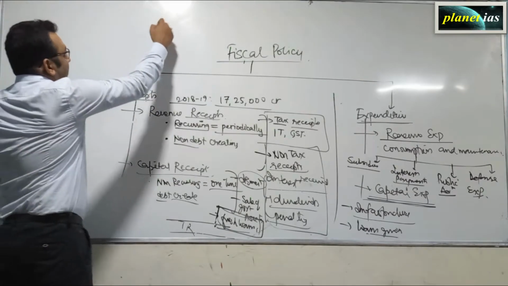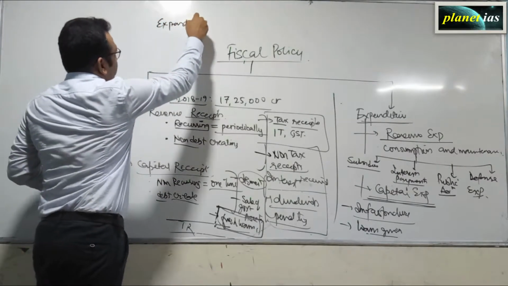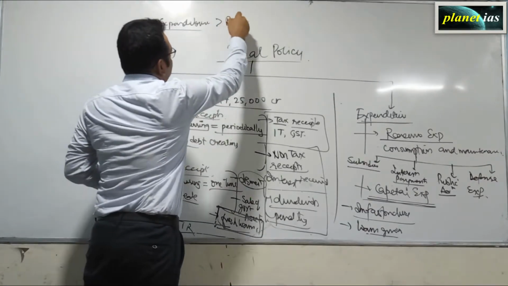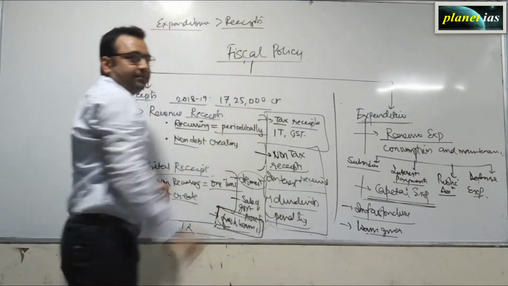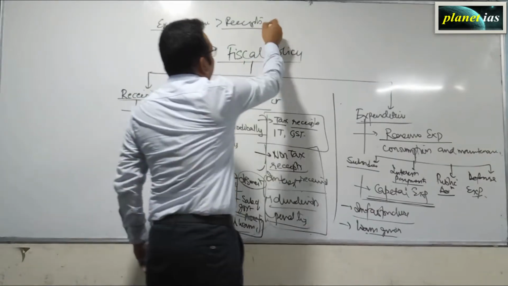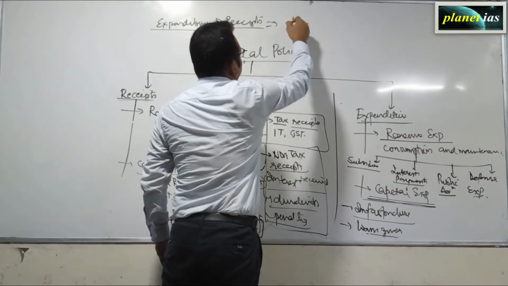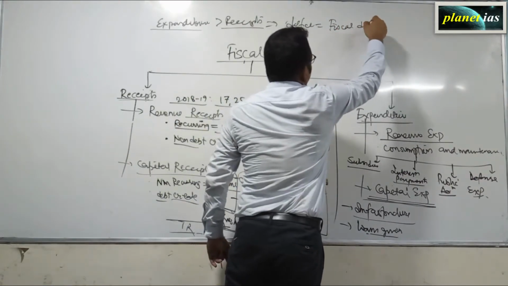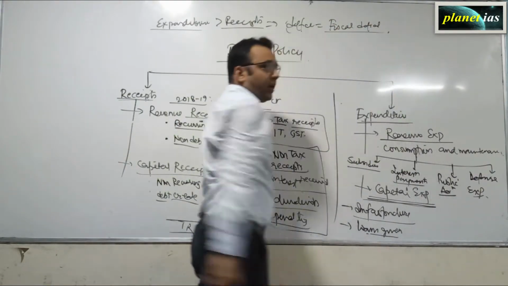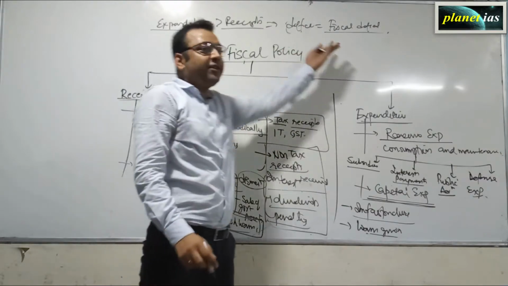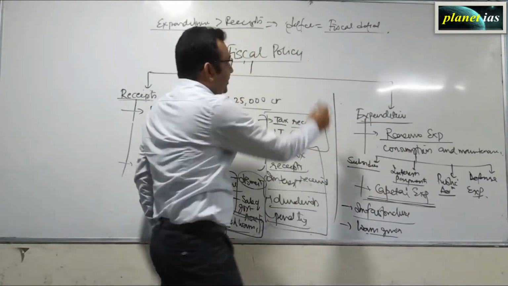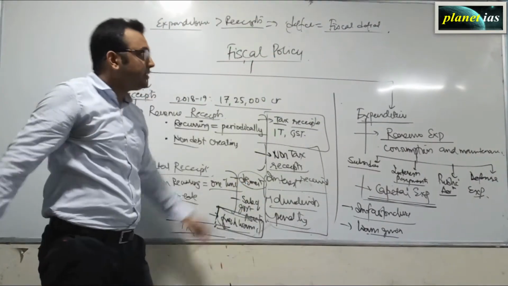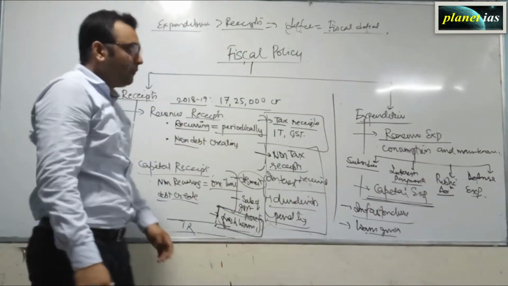Now, if the expenditure part exceeds the receipts part, in that case, the government suffers a deficit which is called the fiscal deficit, or the deficit in the treasury of the government, right? So the expenditure exceeding the receipts comes under the fiscal deficit.